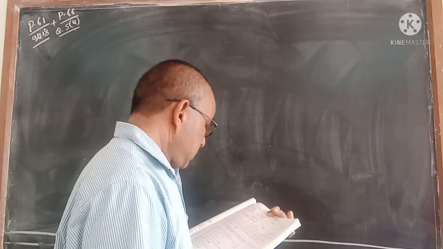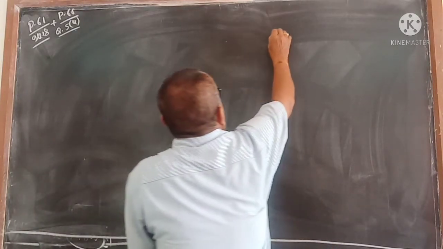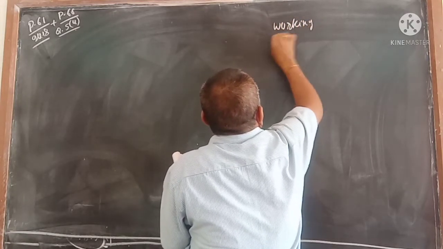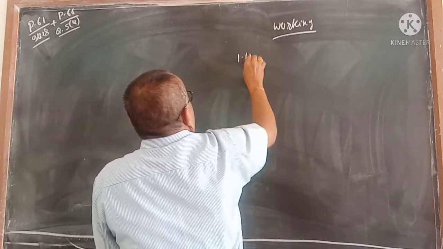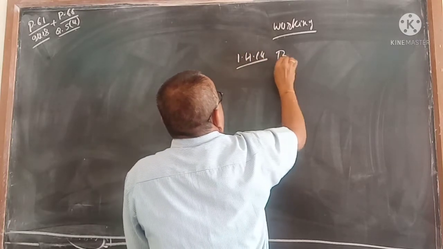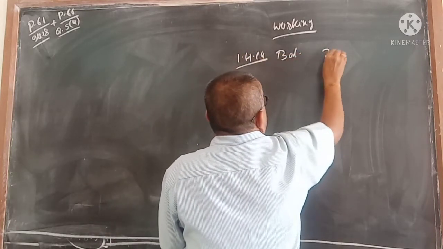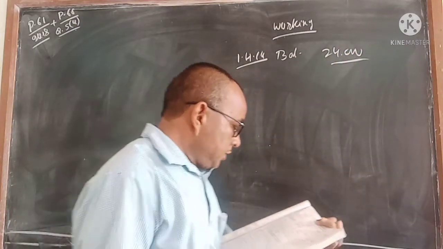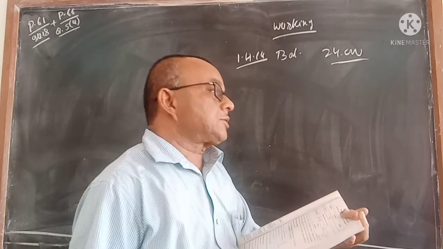You see, the balance is given: on 1/4/14 the balance of the machinery account is 24,000. Correct? And this machine was purchased 6 years before.